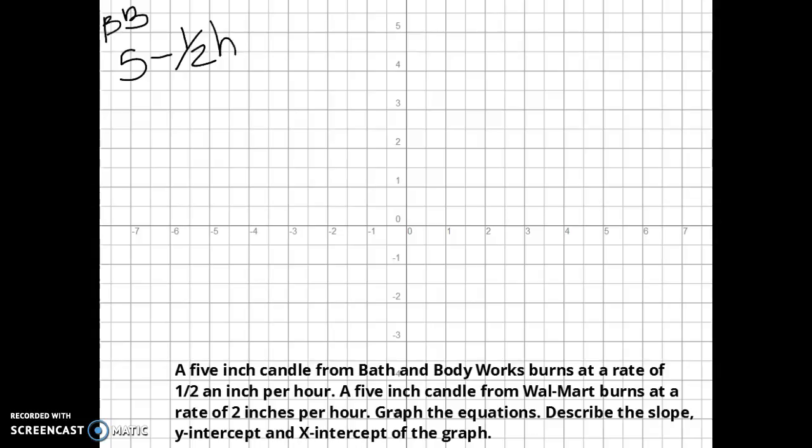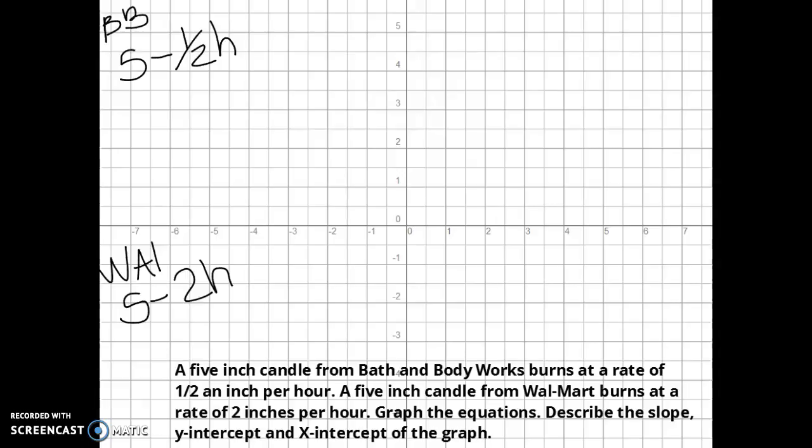I also know that Walmart's candle is 5 inches, and we're taking away 2 inches for each hour. I know that the candle sizes are in inches, so I don't need to do any conversion. And I know that the rate of burning is per hour, so I don't need to do any conversion. So all I need to do now is graph this equation.